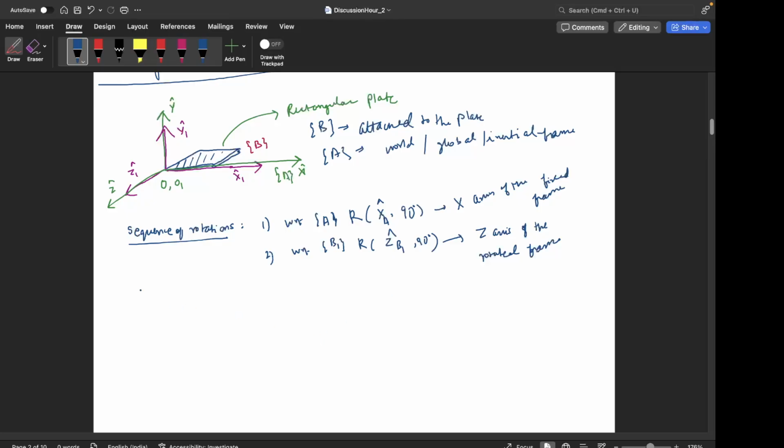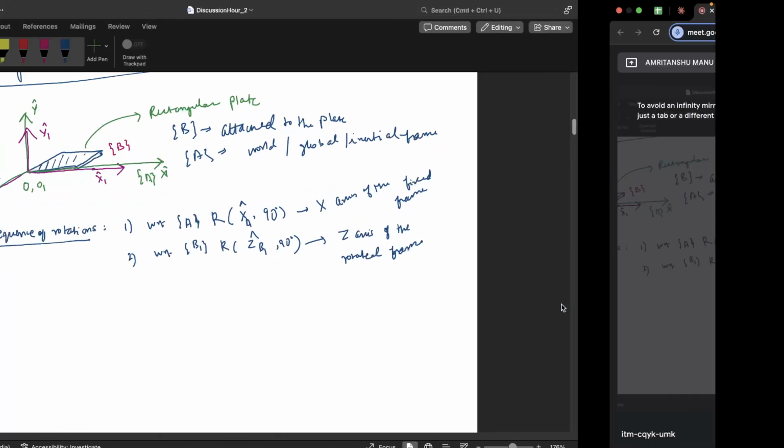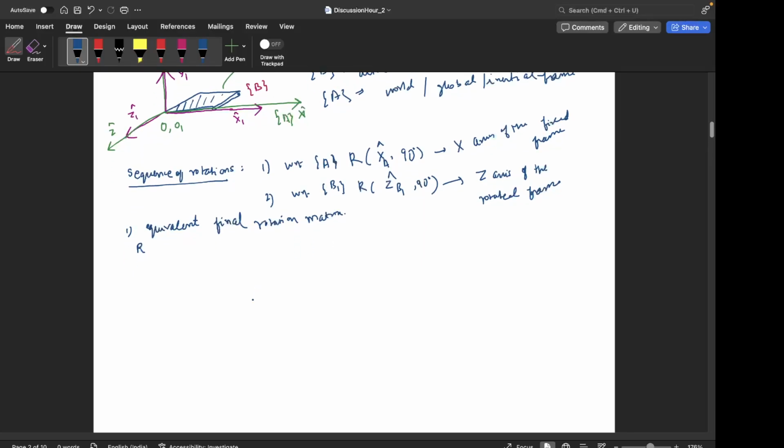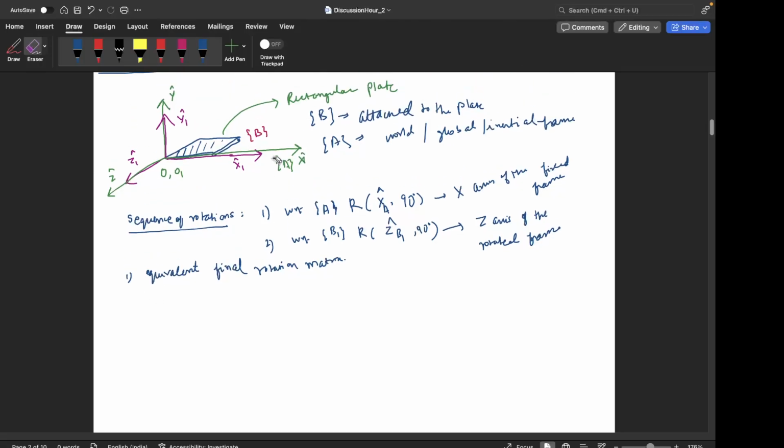Okay, so the first thing that we'll do is find the equivalent final rotation matrix, right? So I will also figuratively draw these two rotations so that everything is very clear.